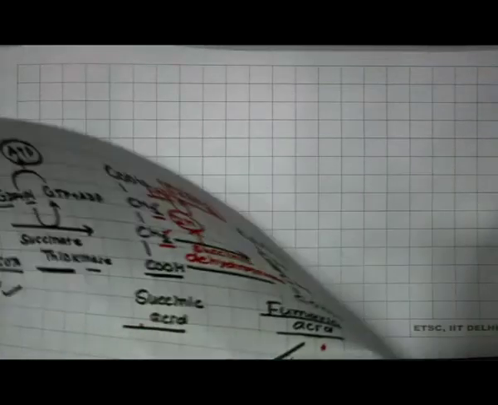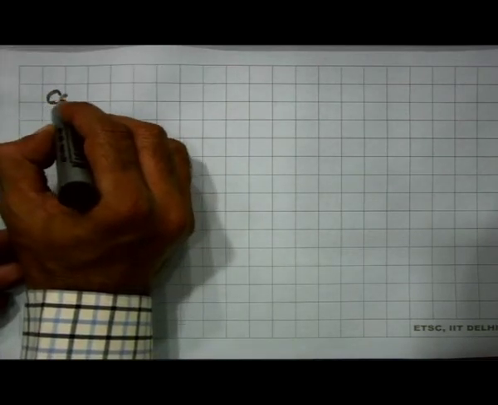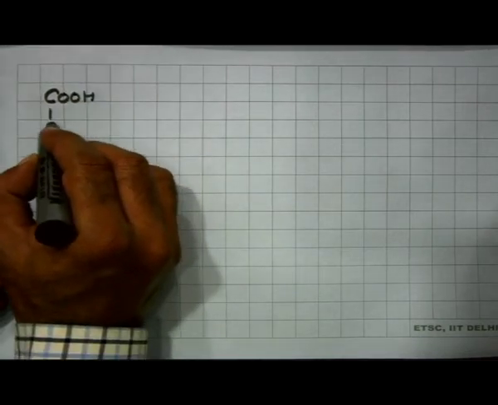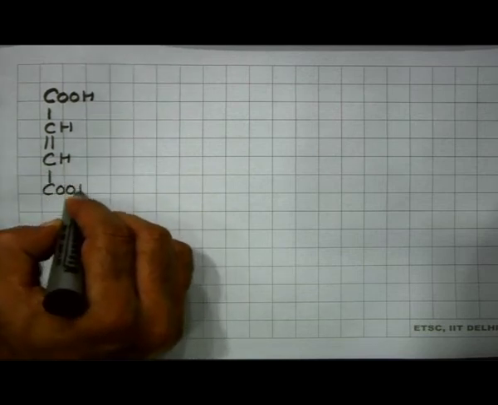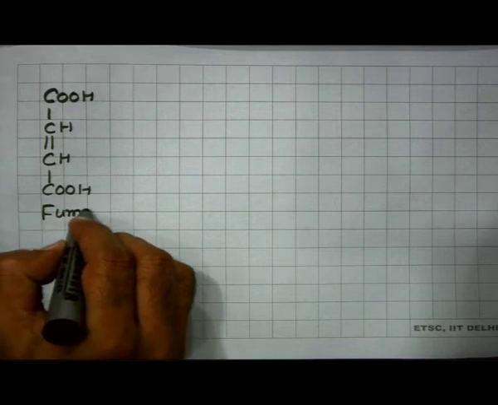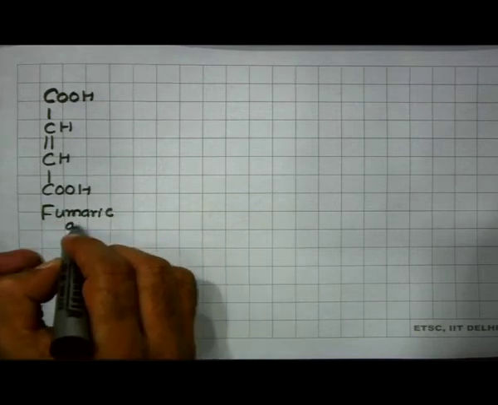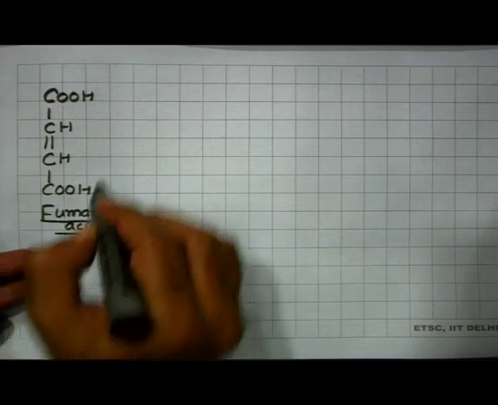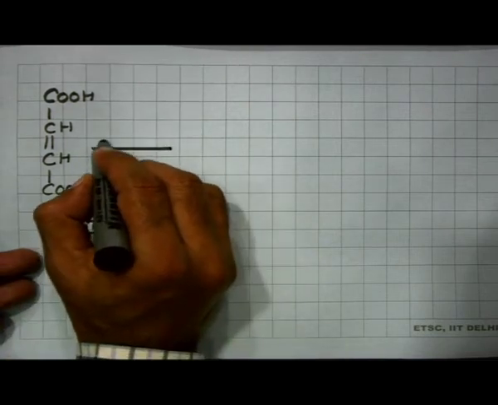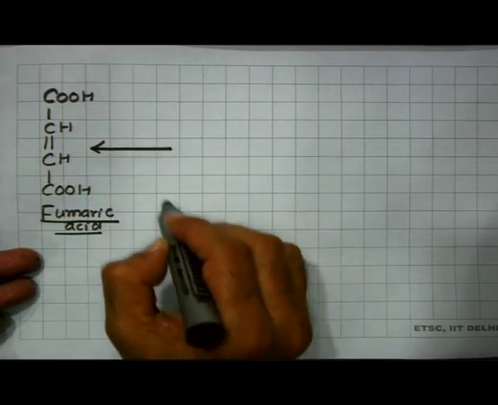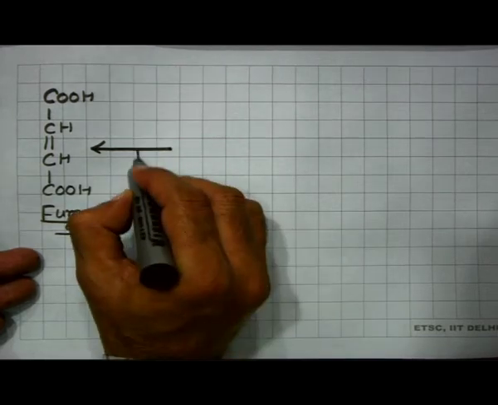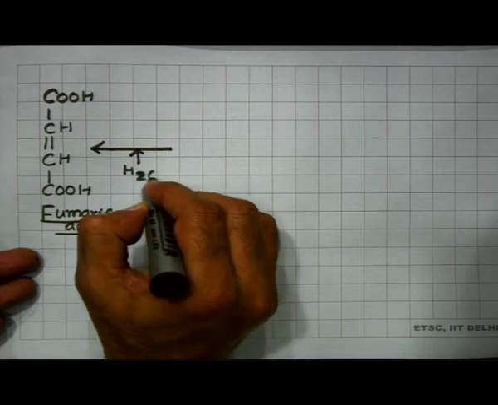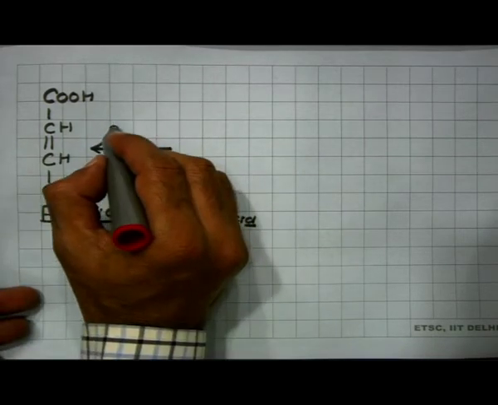So, the structure of fumaric acid is COOH, CH, double bond here, CH, COOH. This fumaric acid, after the addition of a water molecule, is converted into malic acid. Where is this water molecule going to be added? The enzyme involved here is fumarase.